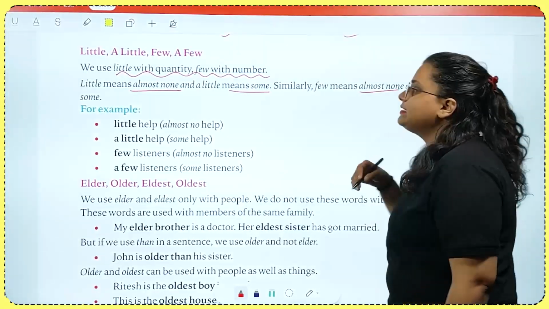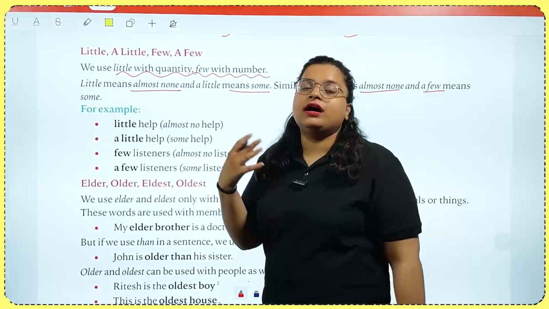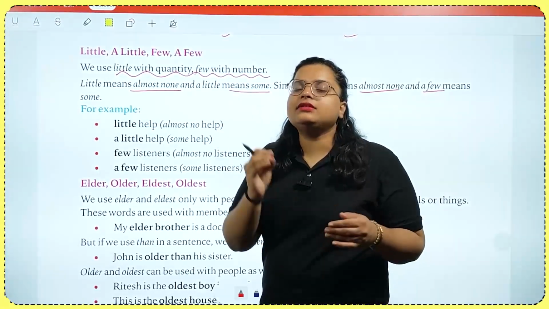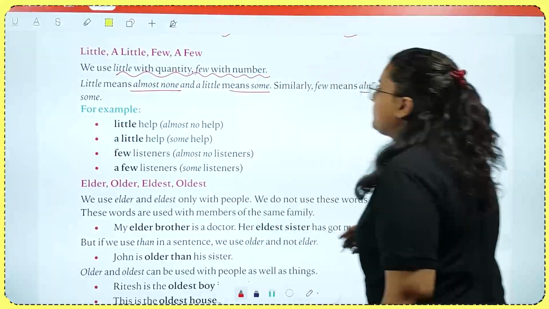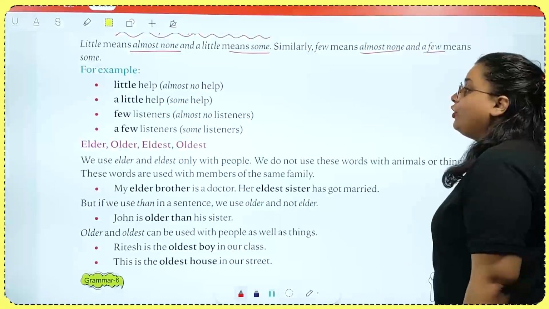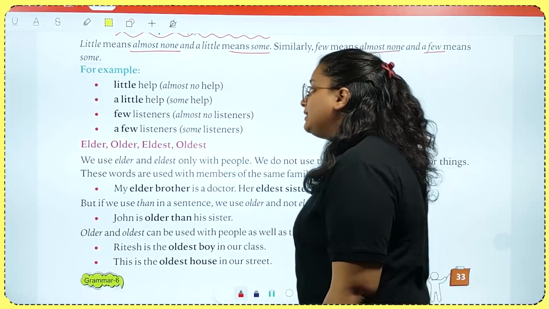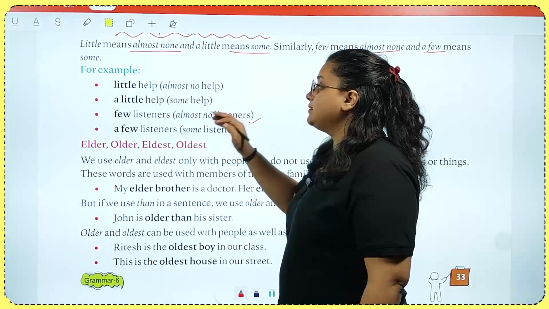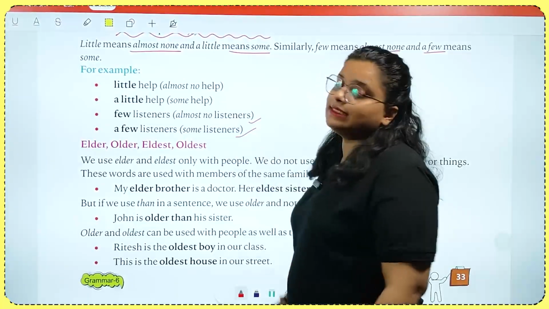A few means some. So when we add a to few and little, it becomes a slightly greater number. For example, little help, almost no help. A little help, some help. Few listeners, almost no listeners. A few listeners, some listeners.